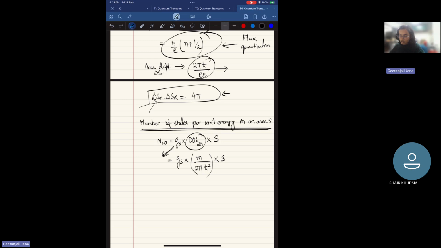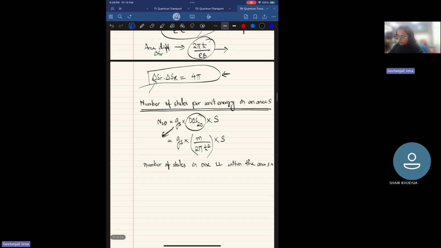Now, if you want to find out the number of states in each Landau level, what we want to find out is the number of states in, let's say, one Landau level within the area S or A. For that, we need to multiply whatever we have got here with the energy width of one Landau level.